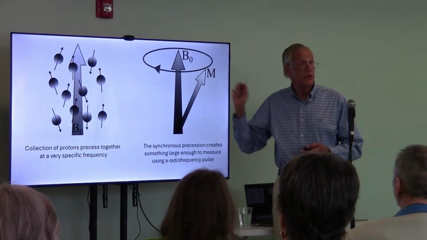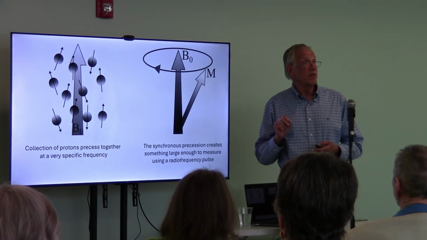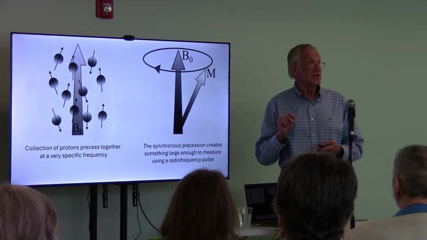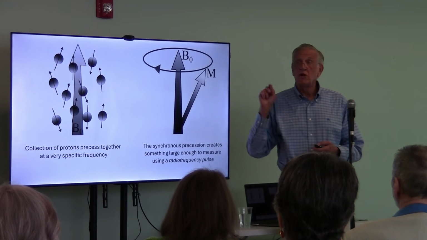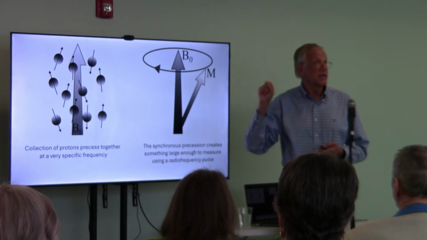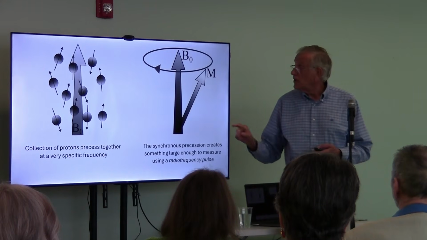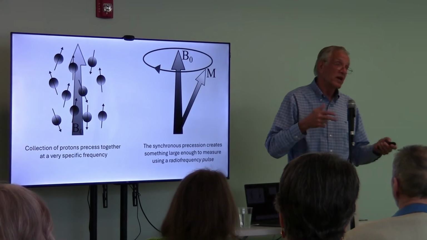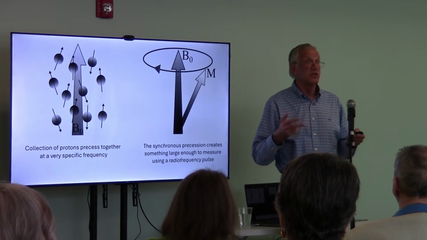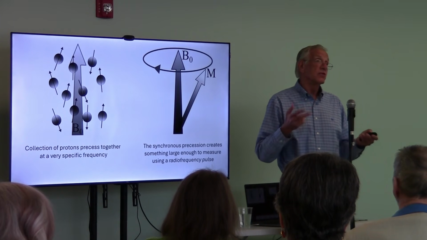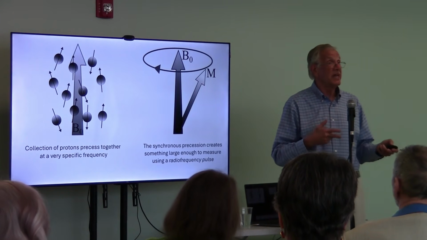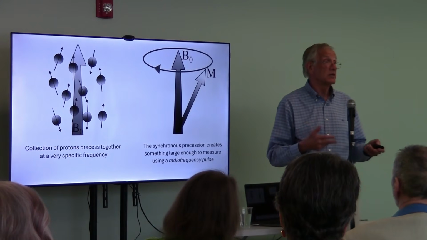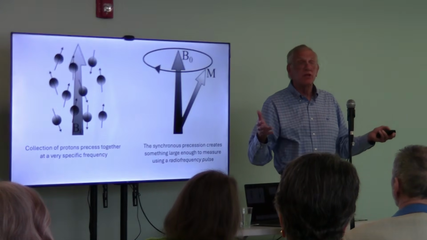You can probe this by putting another magnetic field in there. That's the magnetic field from a radio wave. Radio waves are oscillating electric and magnetic fields. So at 1.5 Tesla, where 1.5 to 3 Tesla is where most of the clinical systems work, you're running something between 60 and 120 megahertz. That's sort of around WQDR.